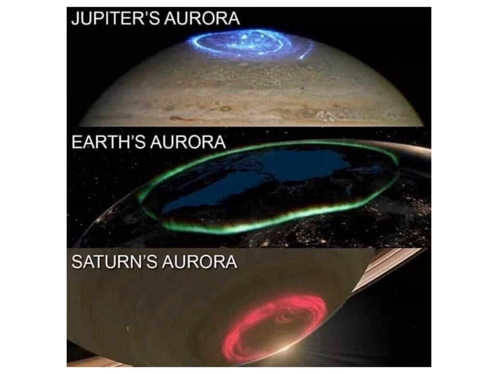Can you see? The aurora in Jupiter is blue, in our planet is green, and in Saturn is red. Why is that? The reason is because our atmospheres, the air in each planet, has different elements. And depending on the type of elements, it's the color of the explosion of the solar wind.